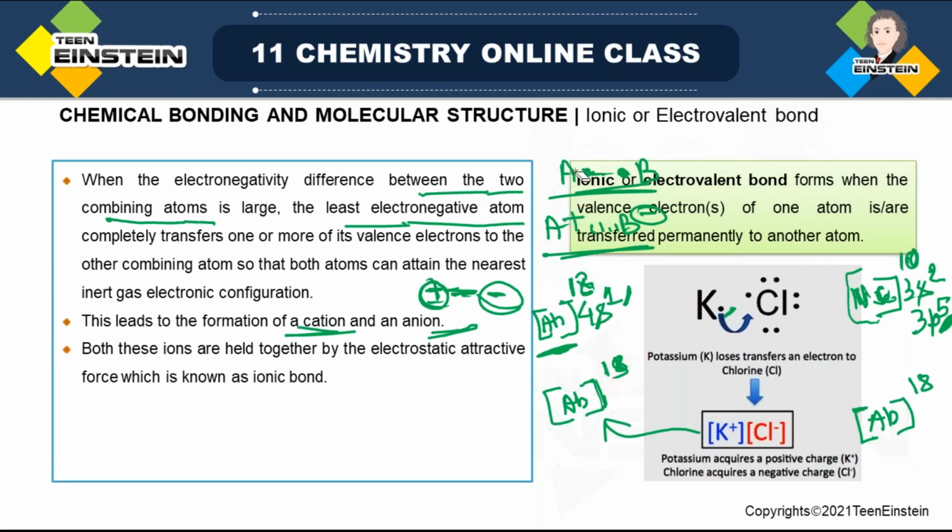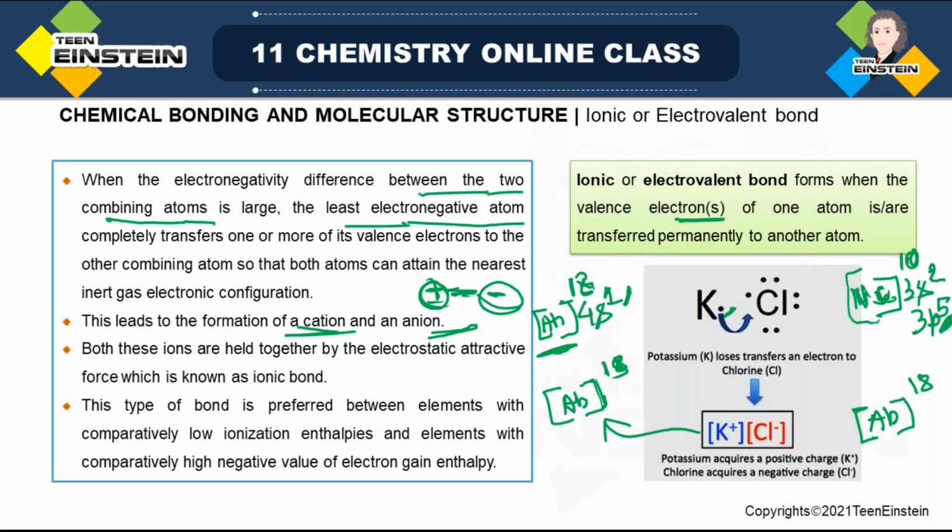So if we want to give a definition, an ionic or electrovalent bond forms when valence electron or electrons, in this case it is a single electron but not necessarily, of one atom are transferred permanently to another atom. So in this case potassium transferred its single valence electron to chlorine permanently, and an ionic bond is formed between K plus and Cl minus.